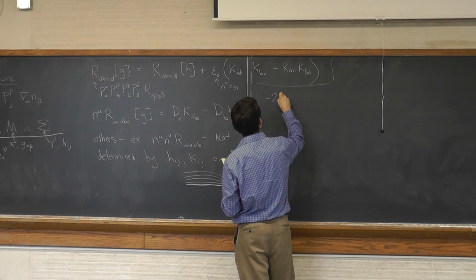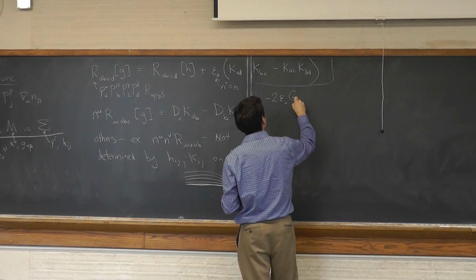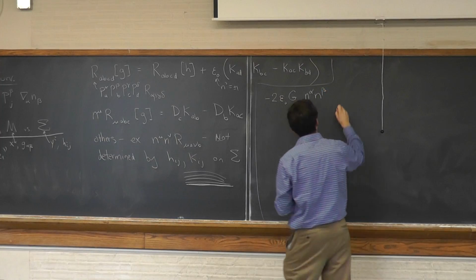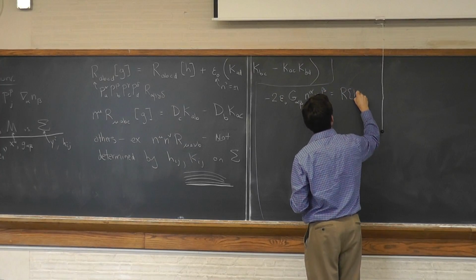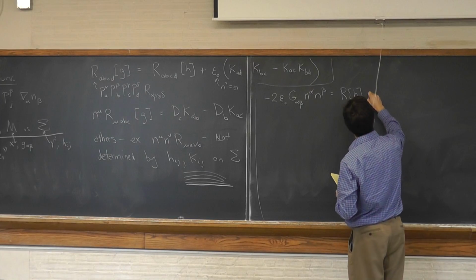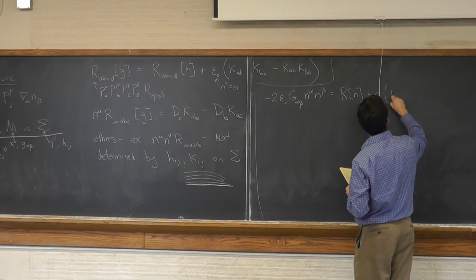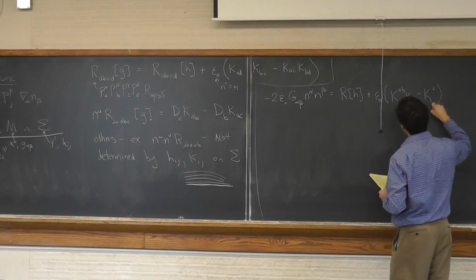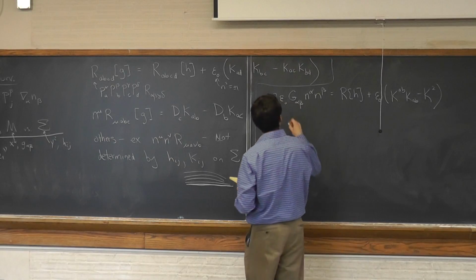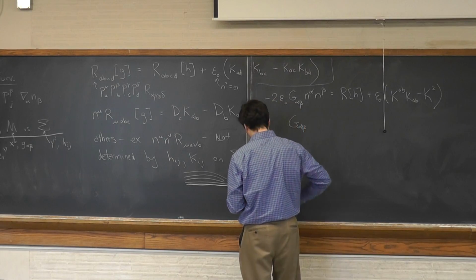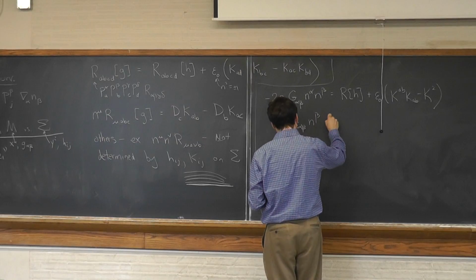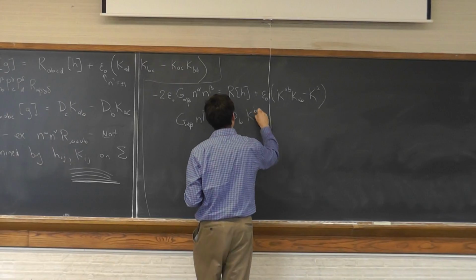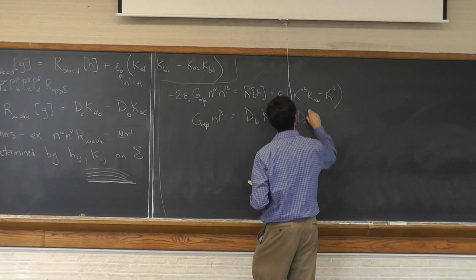If you contract some indices, you get -2 epsilon naught G_alpha beta n^alpha n^beta equals R of h plus epsilon naught (K_AB K^AB minus K squared), and G_alpha beta n^beta e^alpha_A equals D_B K^B_A minus D_A K.